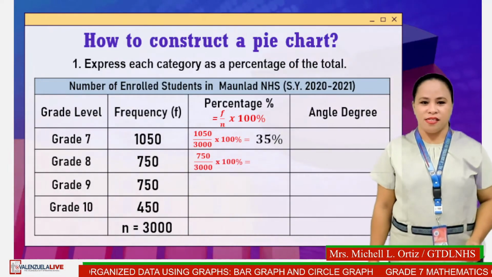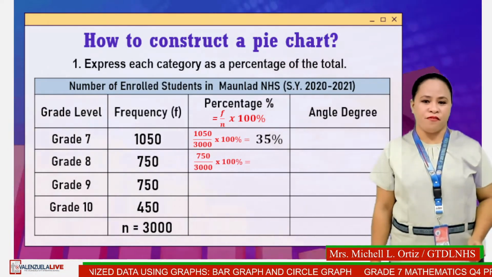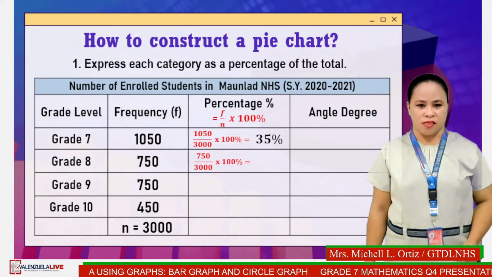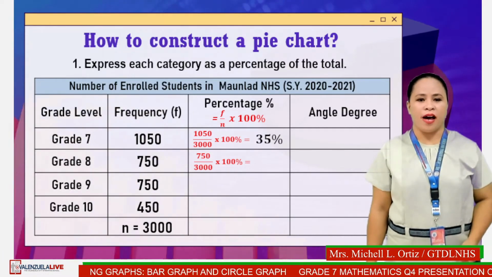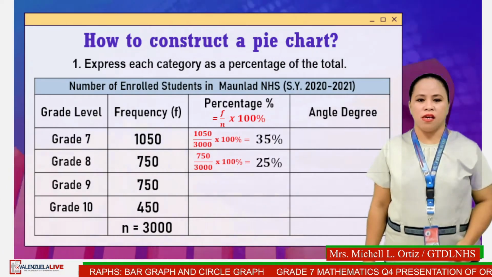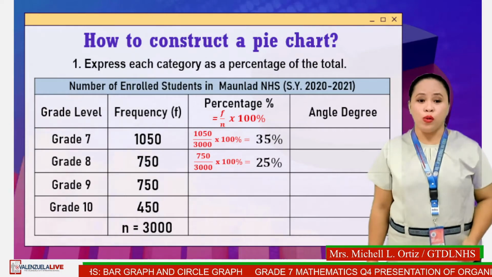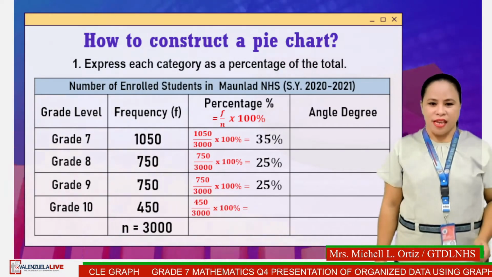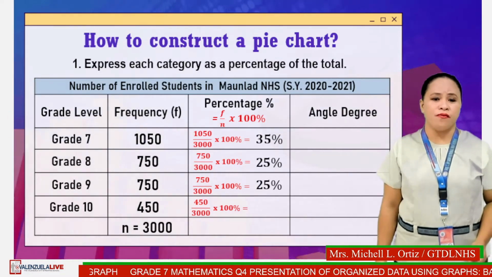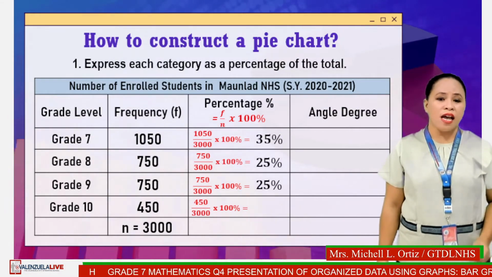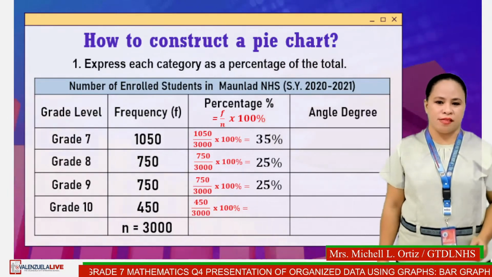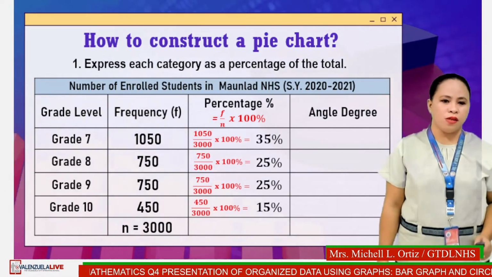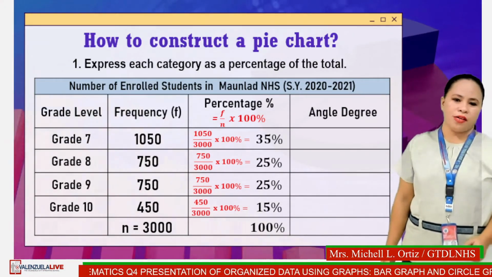For grade 8, divide 750 by 3000, then times 100%, we have 25%. For grade 9, do the same as the grade 8. And for grade 10, divide 450 by 3000 times 100%. We will obtain 15%, for a total of 100%.